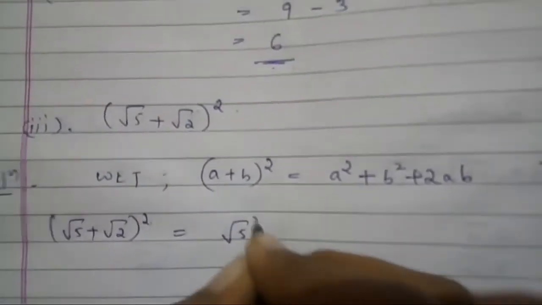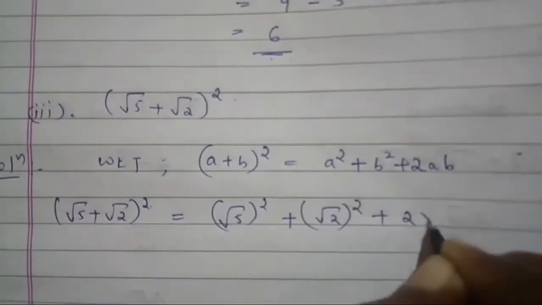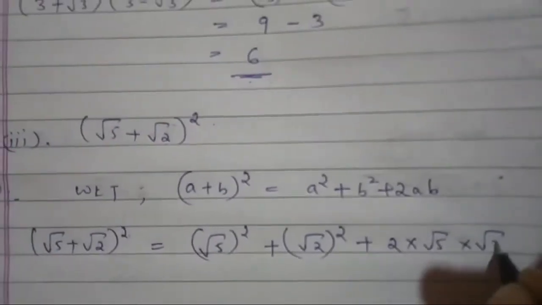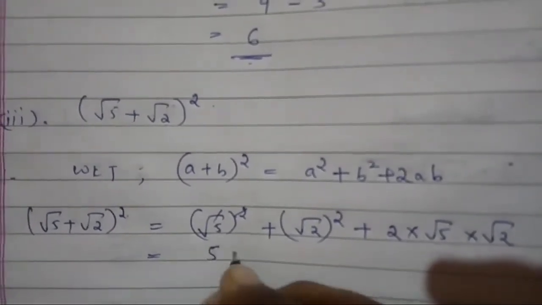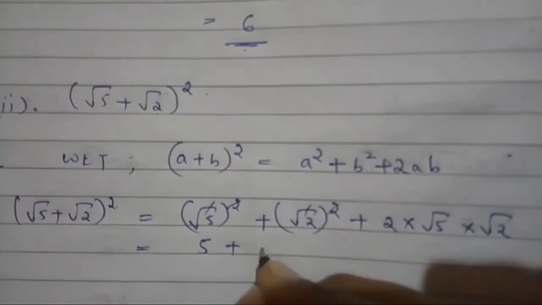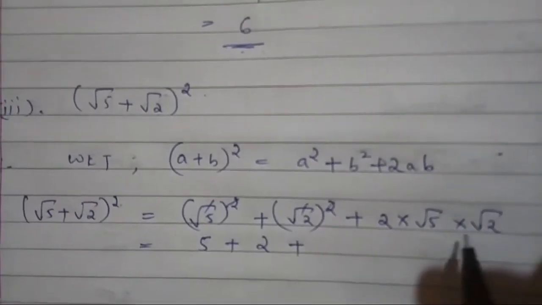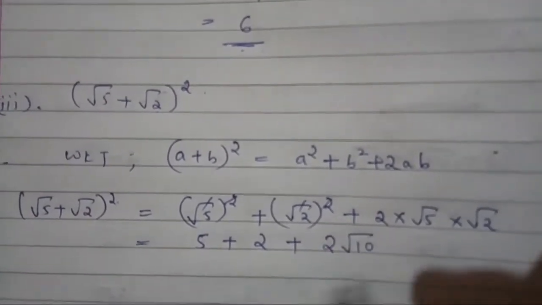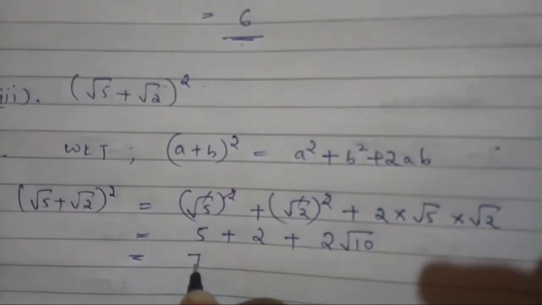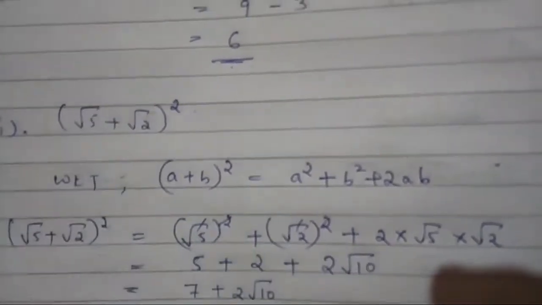That is, root 5 whole square plus root 2 whole square plus 2 into root 5 into root 2. Square and root get cancelled, remain with 5, plus here also root and square get cancelled, remain with 2, plus multiply these root numbers, that is 5 into 2 is root 10, that is 2 root 10. 5 plus 2 is 7 plus 2 root 10 will be the answer.